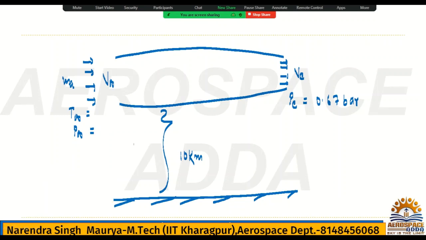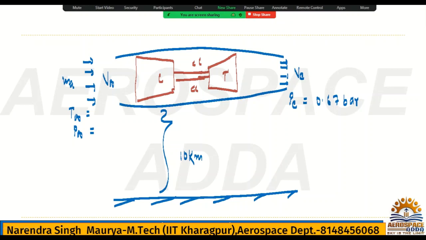And this is the aircraft, not the engine. The engine I am showing, but the aircraft is not flying here. Compressor, combustion chamber, this is the condition of the engine here.